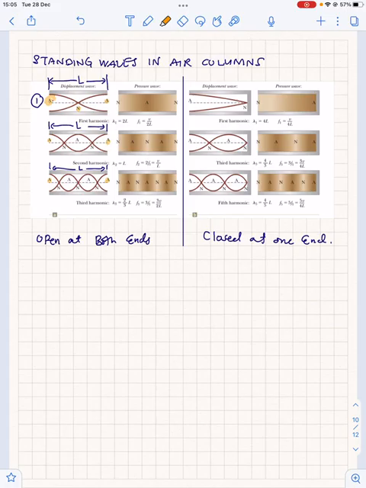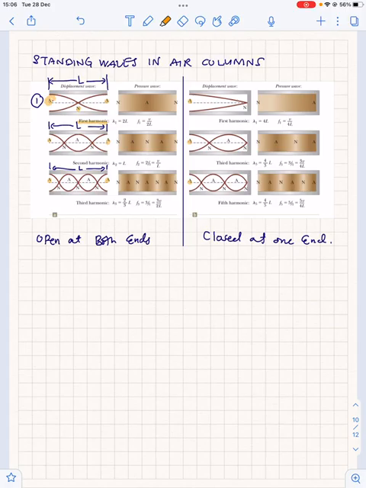Same goes for the other case here. On our right, closed at one end, at the open end we have an antinode, the point where the amplitude is maximum. So from here, this is the first harmonic, or fundamental.